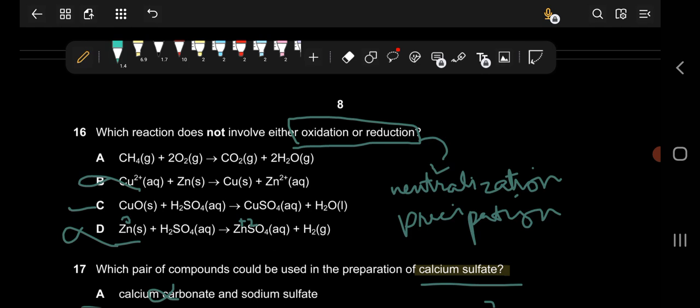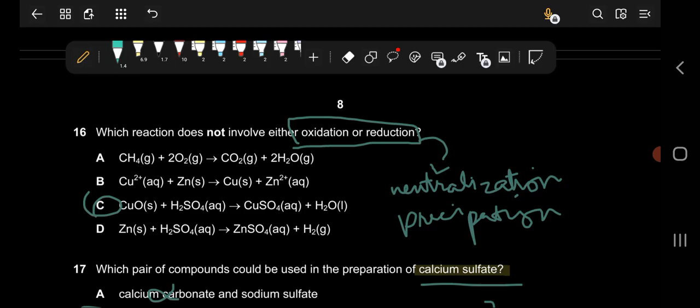And this is a combustion reaction now. Look, oxygen from 0 is going to -2, so this can also not be. So the answer is C. I'm just going to erase all the other options, otherwise you might be confused. The answer is C. I hope I made myself clear.